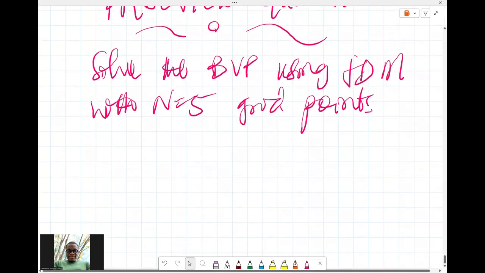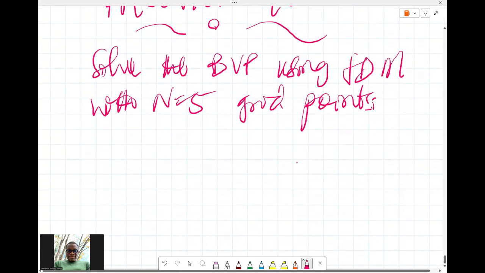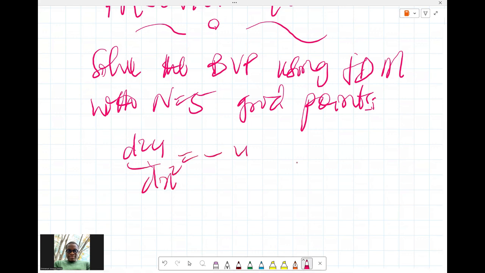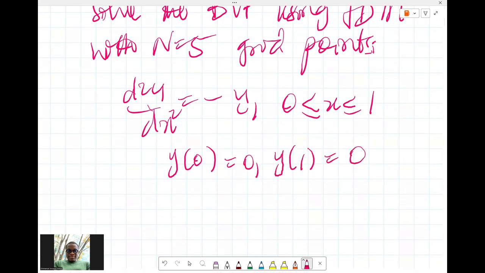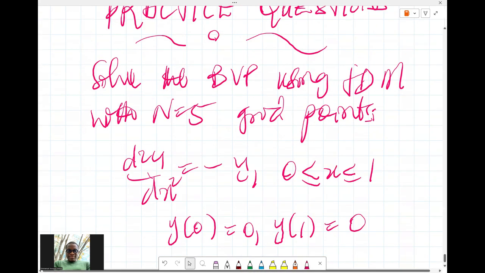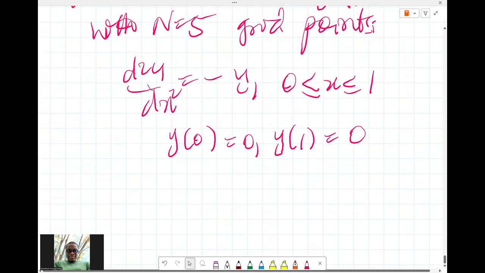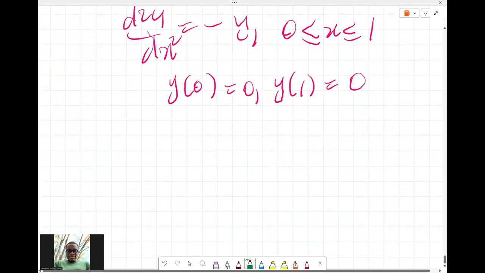So what's the BVP? It's d squared y dx squared equals minus y, with 0 less than or equal to x less than or equal to 1. And the boundary conditions are y of 0 equals 0 and y of 1 equals 0 also. That's the first question.